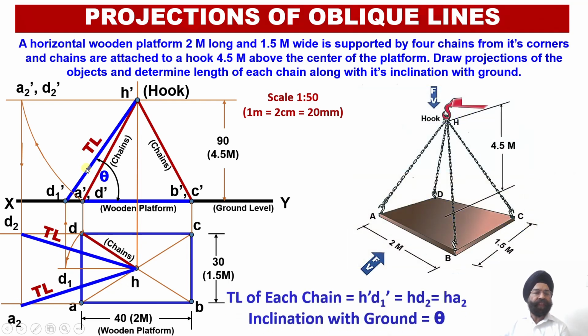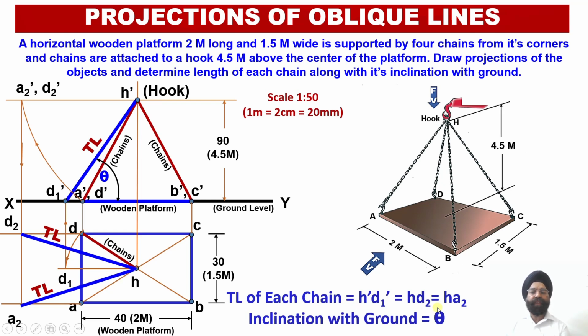So if these three blue lines that we have shown over here, which are representing the true length of the chain in the front view as well as in the top view, we will validate that the problem which we have solved using the principles of rotation of the line is drawn accurately. So H dash D1 dash must be equal to HD2 and it must be equal to HA2.